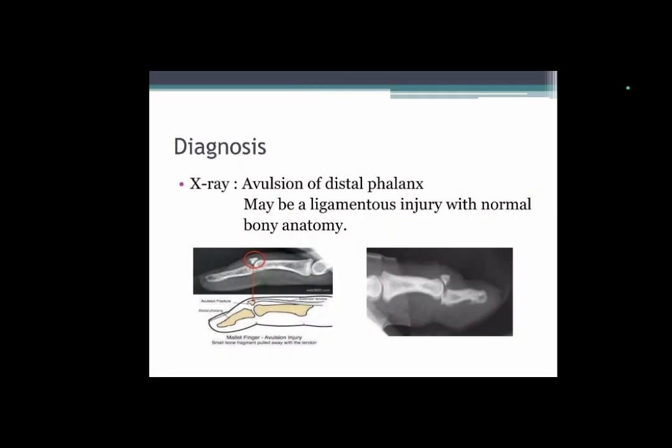The most common complication is persistent inability to flex the distal interphalangeal joint, resulting in reduced grip strength.